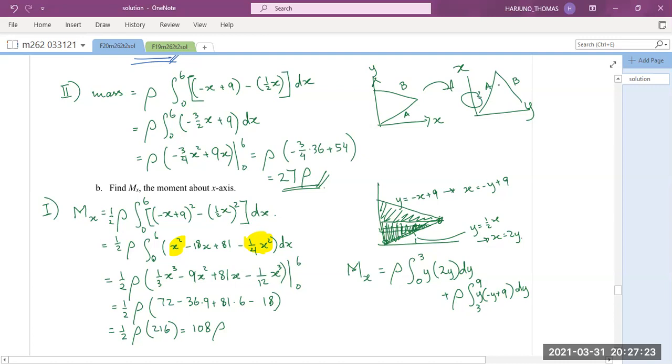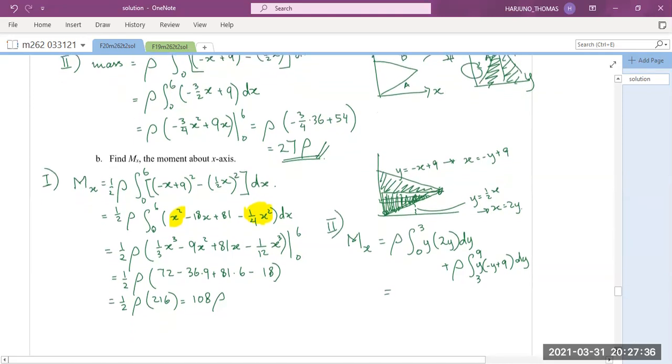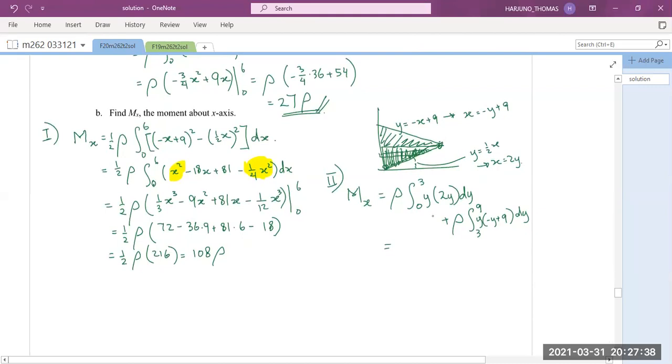Now it consists of two parts here. This is the first part, and that's the second part. So if you integrate this second way, you will get the same result, I mean, supposed to. Let's try.